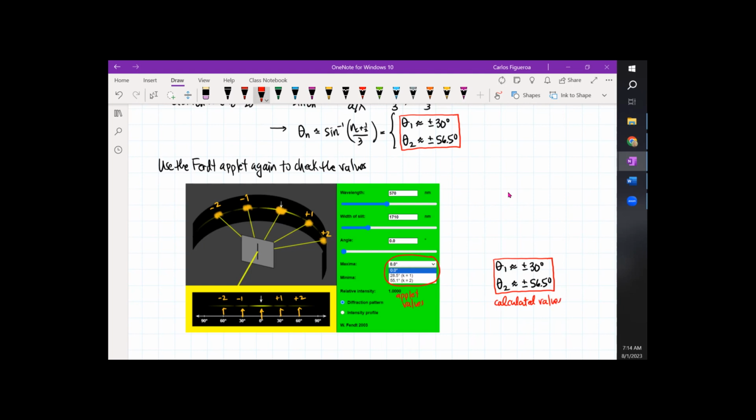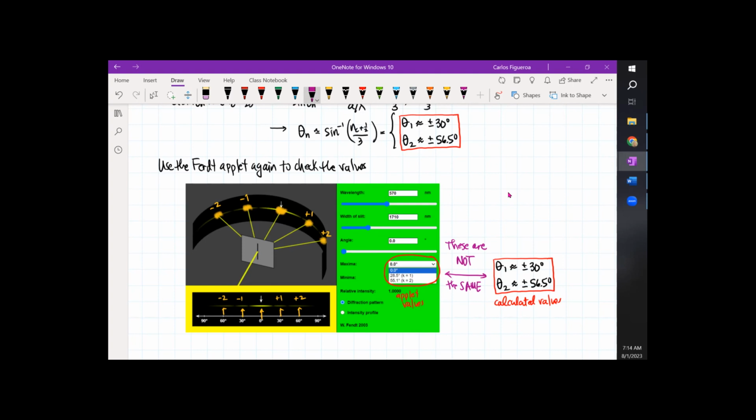And you could see that they're not the same. So when I compare these, I would say that these are not the same. They're approximate. You could see that the first angle is at 28.5, and this one calculates 30.